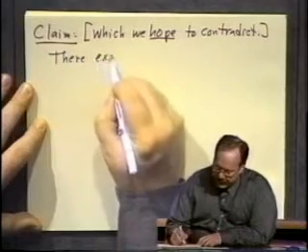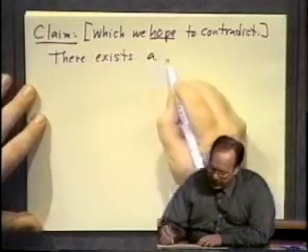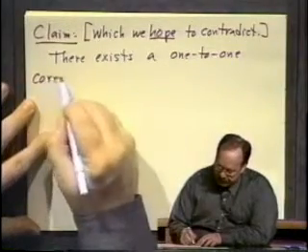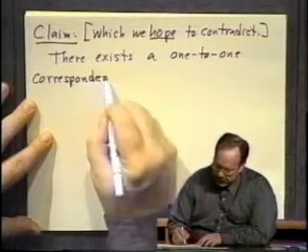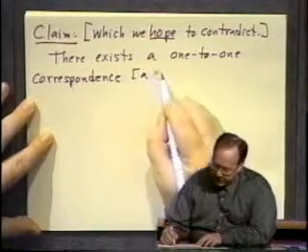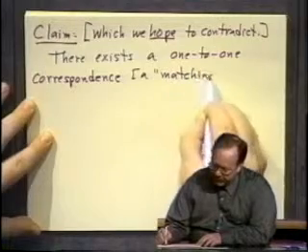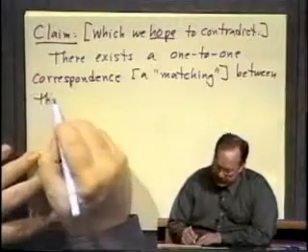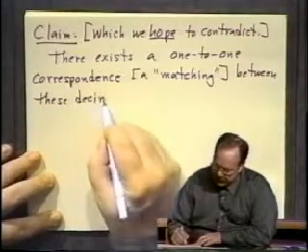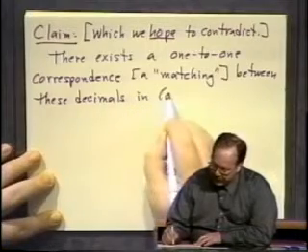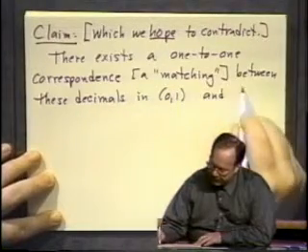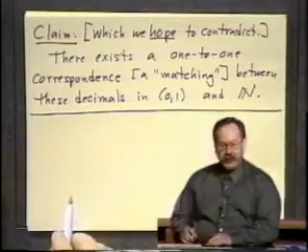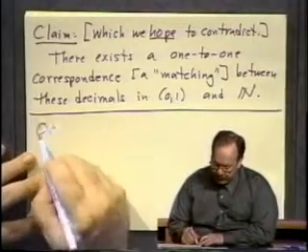The claim is there exists somewhere, somehow, a one-to-one correspondence, which again, if you like, you may call a matching, as long as you know what it means, between these decimals that we just saw, these decimals in the open interval 0, 1 and N, all of N. That is my claim, and I'm hoping to be able to contradict that, because then I will have my proof.